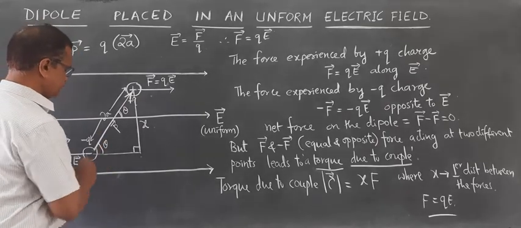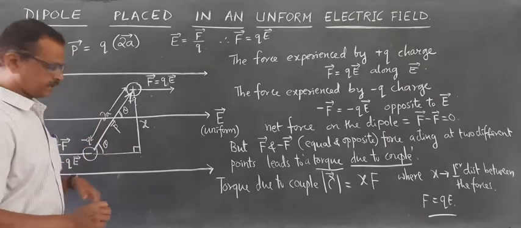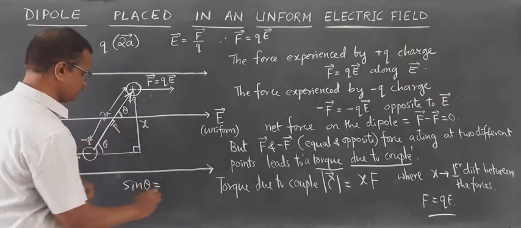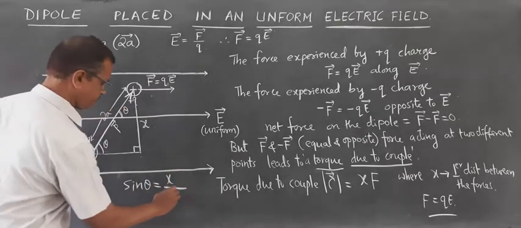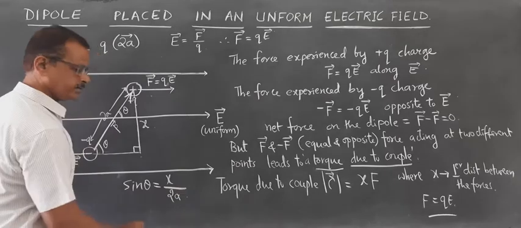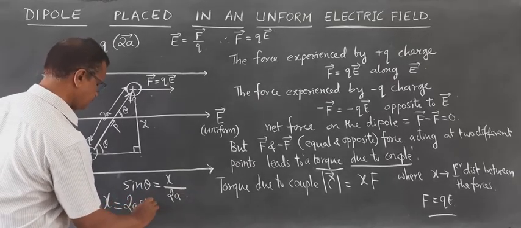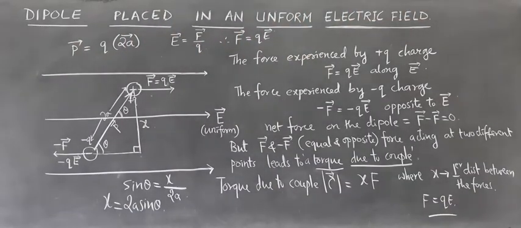So if this is angle theta, I want to find out what x is. I can take sin theta. From the diagram, sin theta is equal to opposite x divided by the hypotenuse. Hypotenuse is 2a. Therefore, x becomes equal to 2a sin theta.